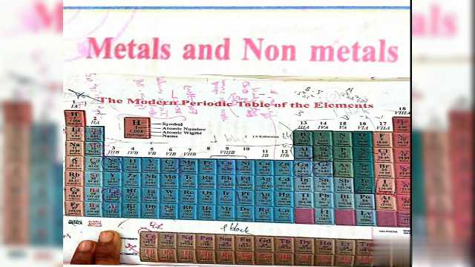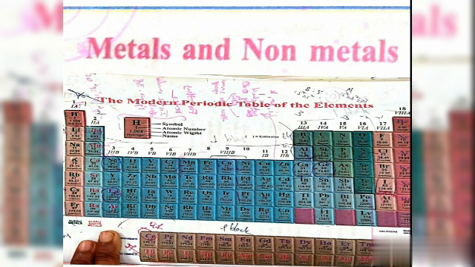If an element has 3 or fewer than 3 electrons in its outermost shell, it is considered a metal. If it has 5 or more electrons in the outermost shell, we can call it a non-metal.